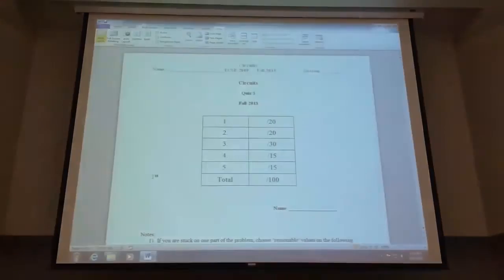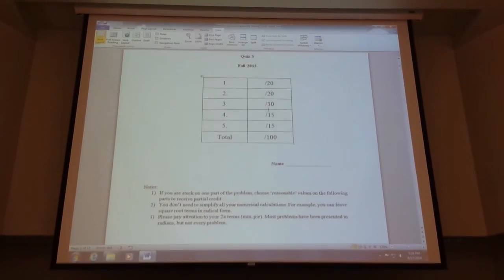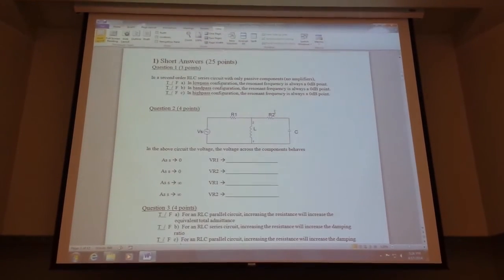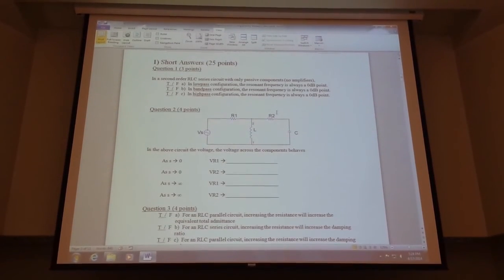All right, so let's take a glance at the exam, last question's exam, and look at some of the questions. Again, classic layout, nice short questions. Some of these we just talked about.